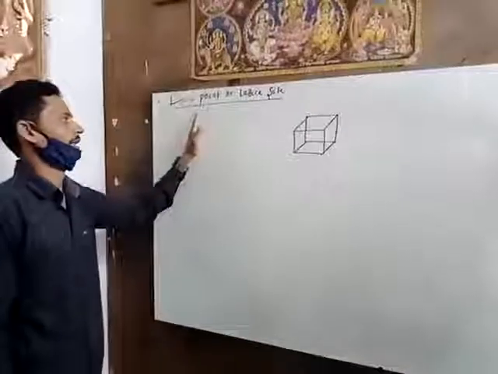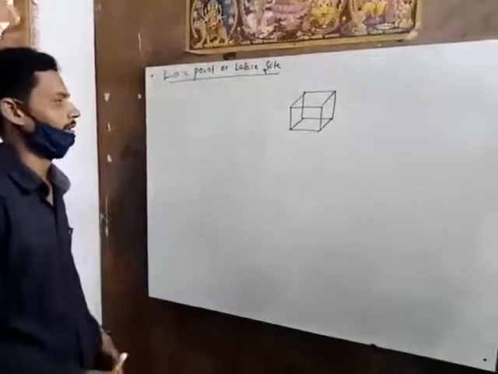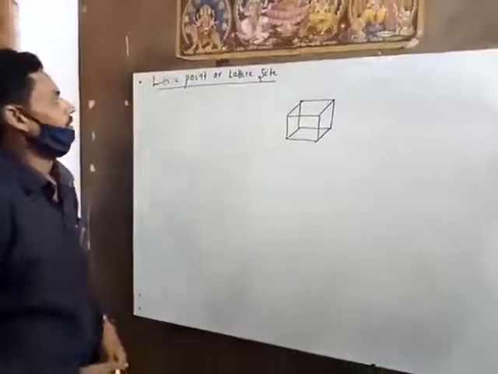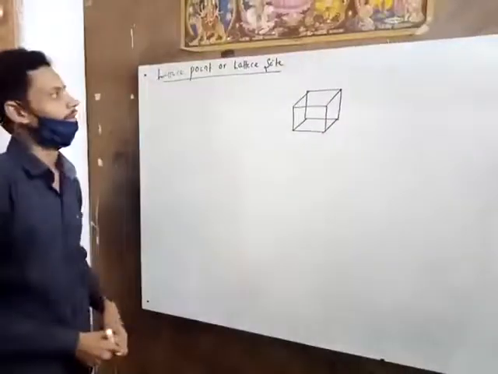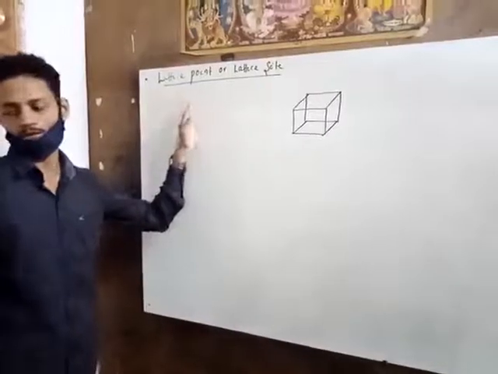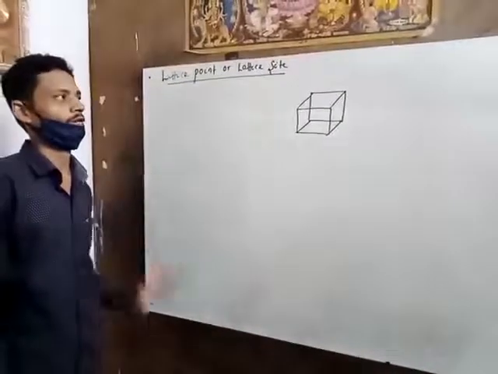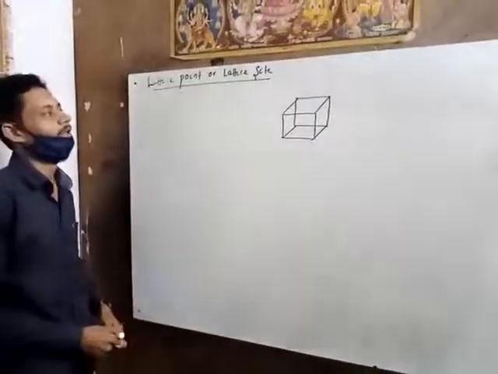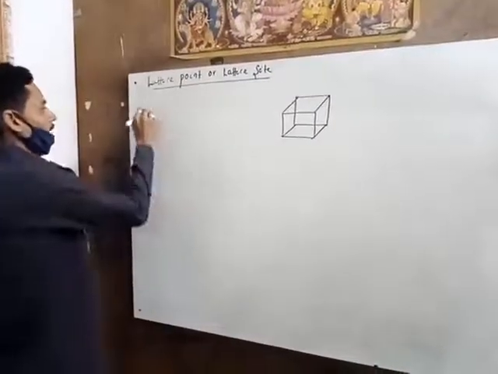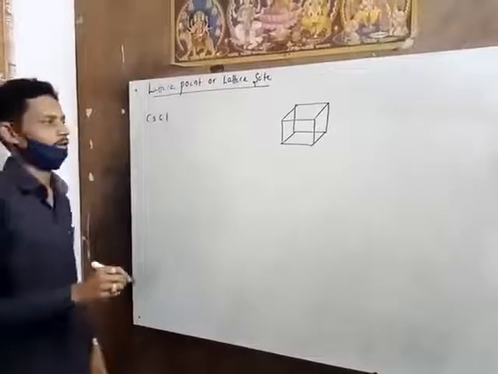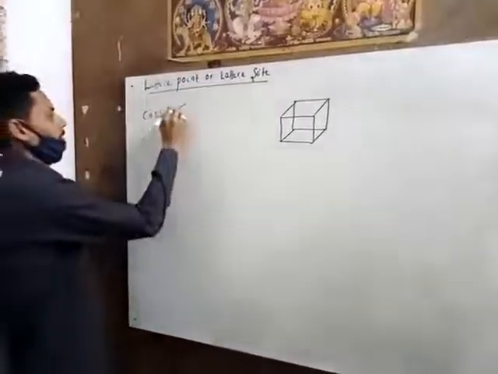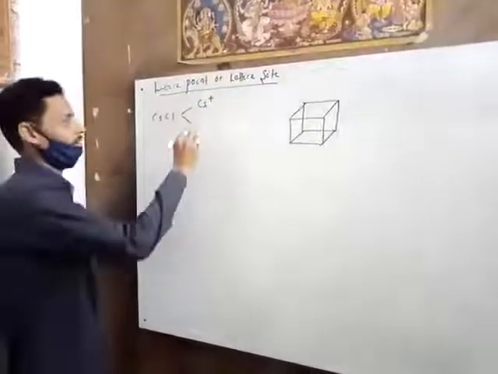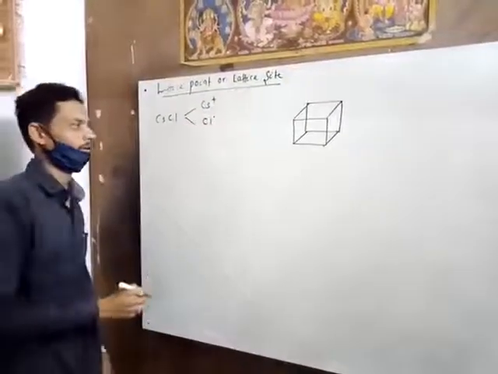Okay. Now lattice point or lattice site. Here is a crystalline solid. And what is a lattice point or site? The positions which are occupied by the constituent particles of a crystalline solid are called lattice points or lattice sites. Suppose we take cesium chloride. Cesium chloride contains two types of ions, cesium plus cation and Cl minus anion.